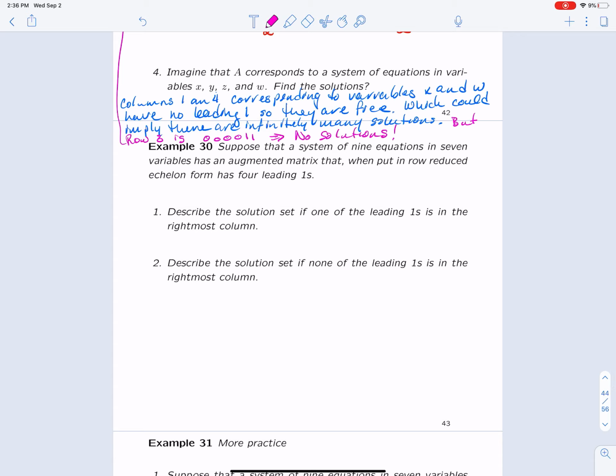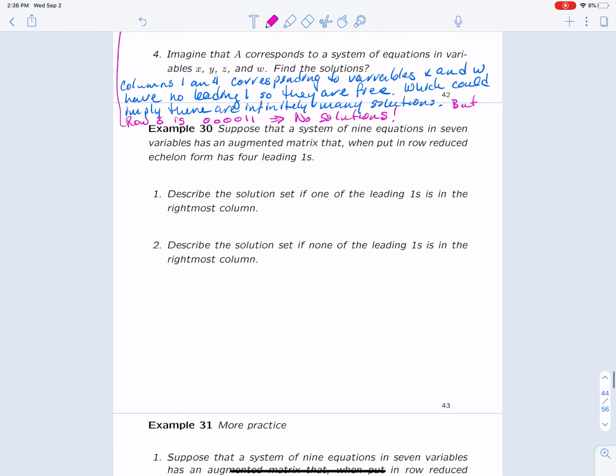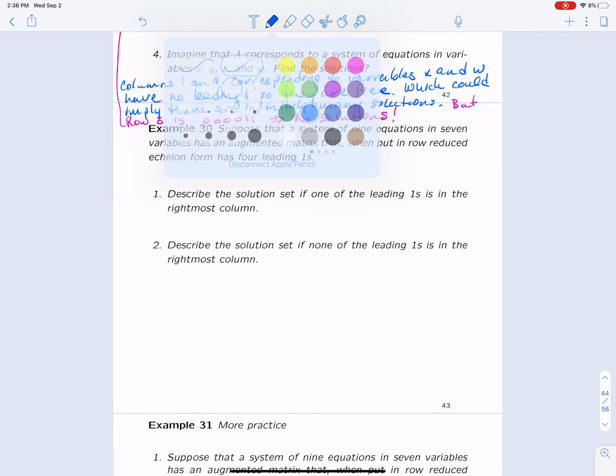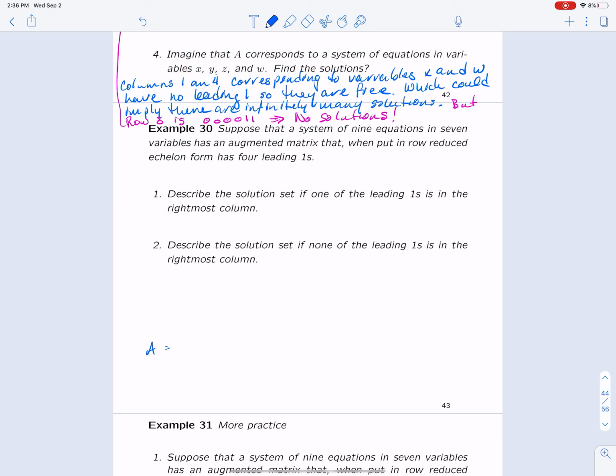So if we ask ourselves, suppose that a system of 9 equations in 7 variables has an augmented matrix that when put in row-reduced echelon form has 4 leading ones. Okay, so we've got a system of 9 equations and 7 variables, right? So my matrix is going to look like, so I'm going to have A equals some B, and it's going to look like, when I put it into a matrix, A bar B, where A has how many rows?